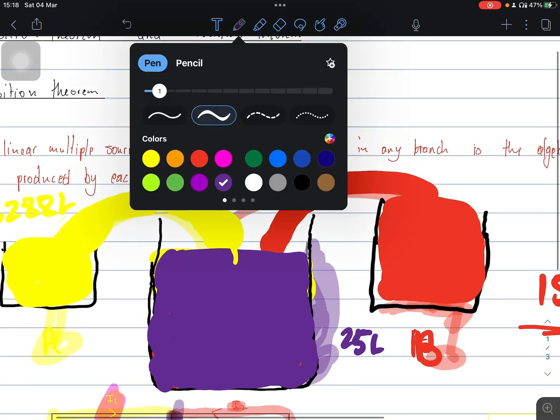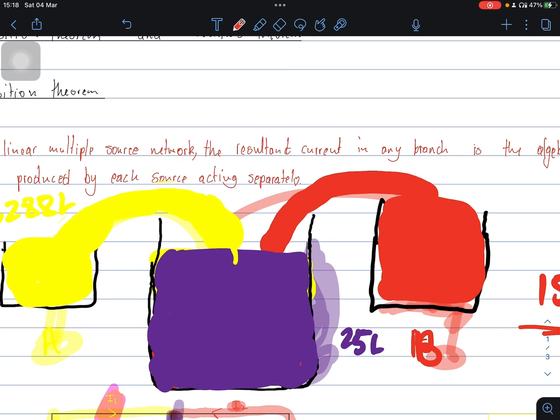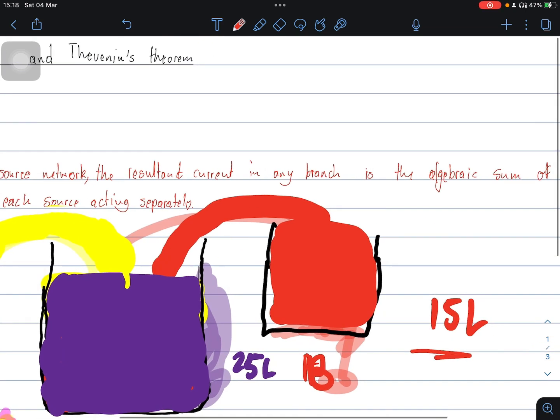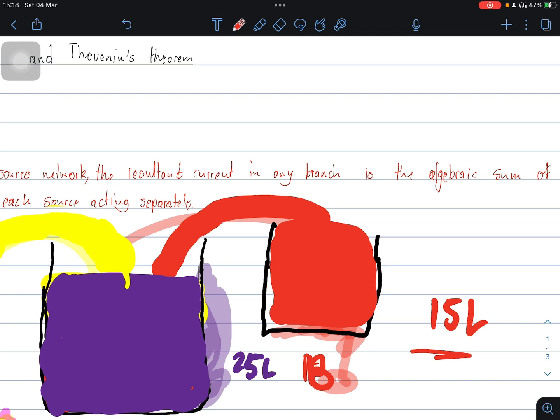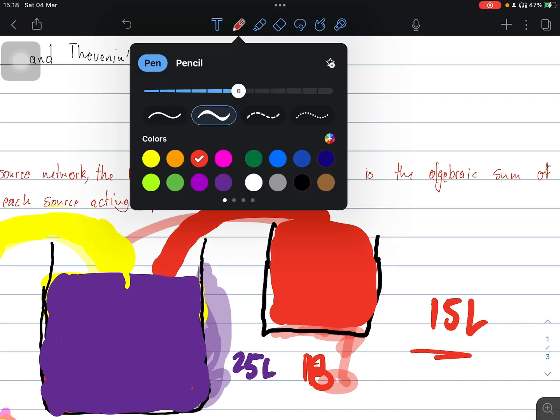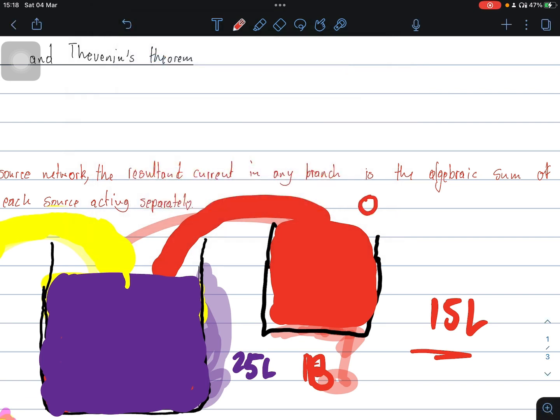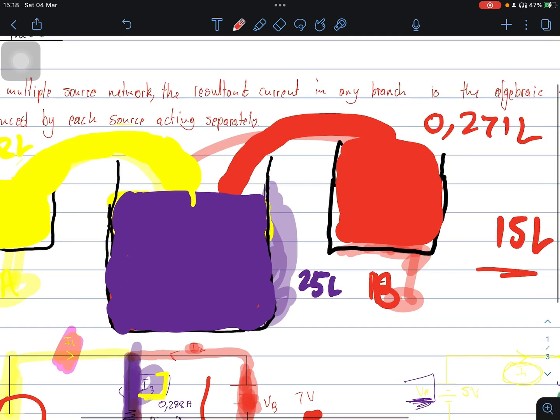We have found that this source contributed 0.271 amps. Now, what is the total?